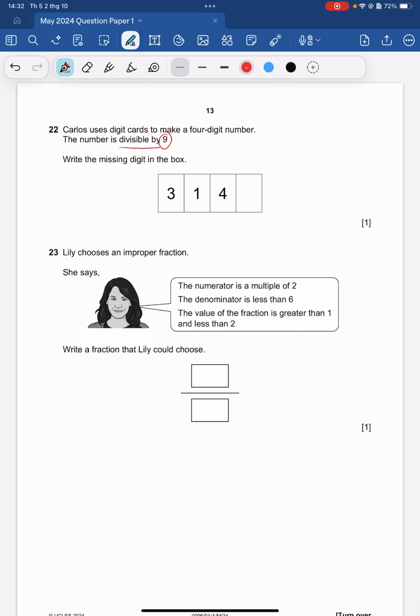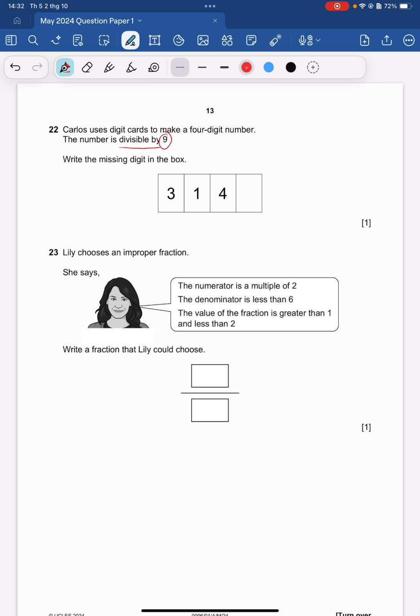To get divisible by 9, we have the total of 9, 18. 18 is so far, but it's 1 digit. So A is only 1. Right. So 1 is the answer. Easy, right?